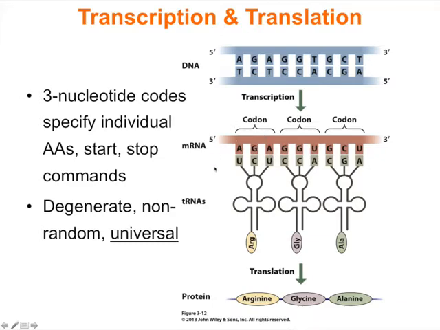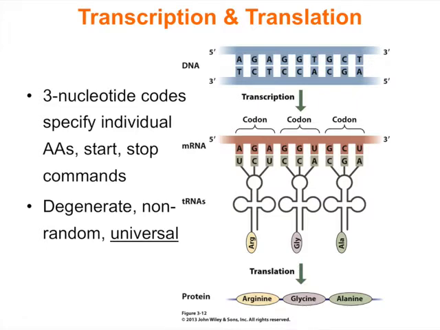Now, the specific codon targets a tRNA carrying a specific amino acid. And these amino acids are linked together to form proteins. And so you can see how the sequence of nucleotides in mRNA would influence the structure of protein.